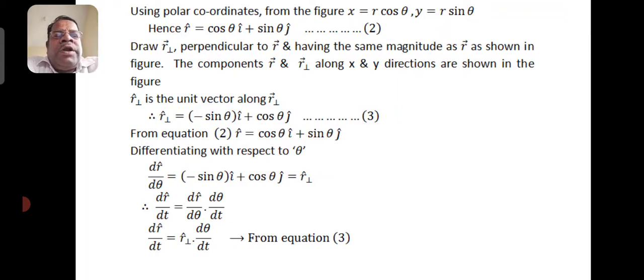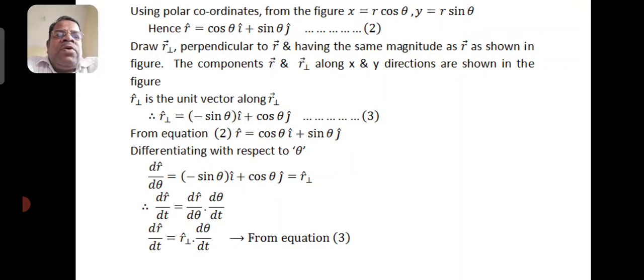Now dr cap by dt, the rate of change of the unit position vector, is a unit vector perpendicular to the position vector. We get dr cap by dt equals dr cap by d theta into d theta by dt, where dr cap by d theta is nothing but r perpendicular cap.